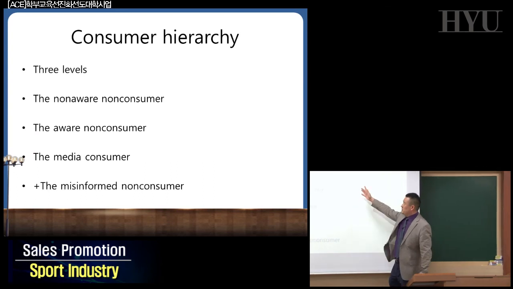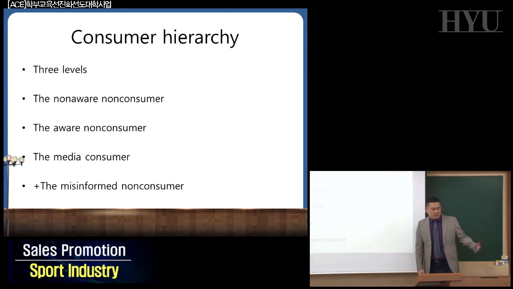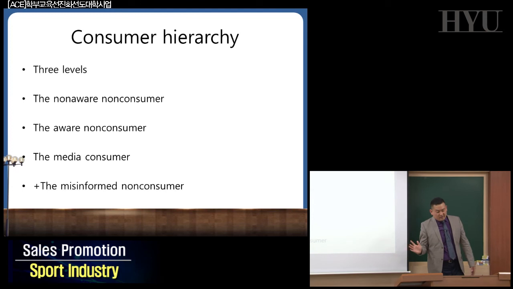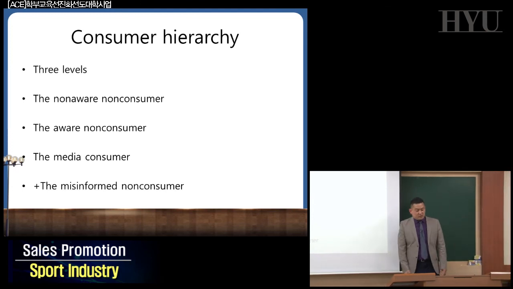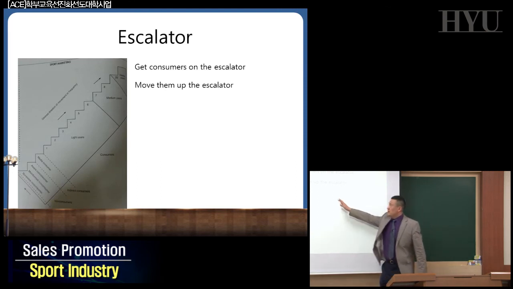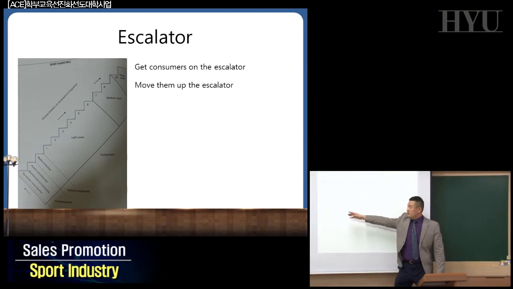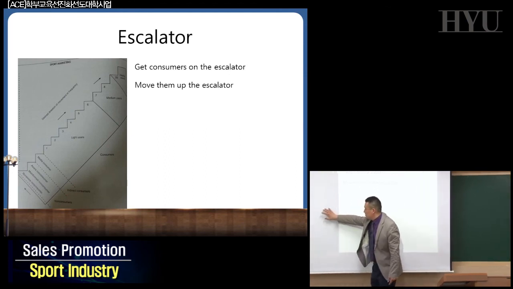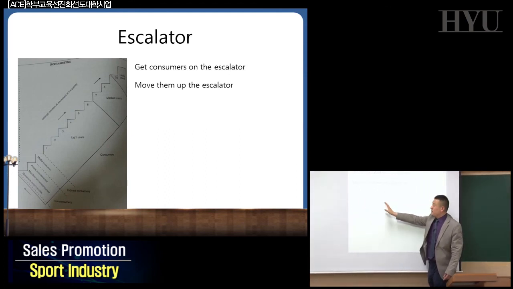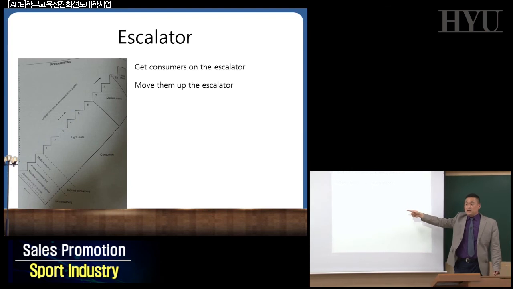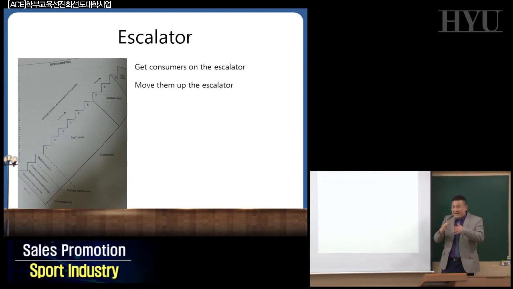So I already explained the consumer hierarchy, right? Usually levels three and four: the non-aware non-consumer, the aware non-consumer, the media consumer, the responding non-consumer. I already explained the escalator concept, right? You guys did not have the chance to see the picture clearly, but that picture explains the escalator concept.